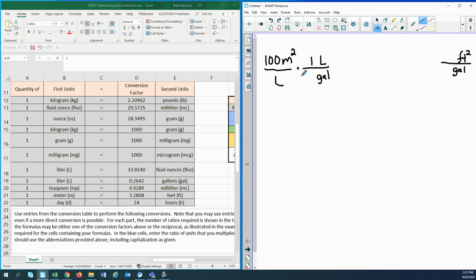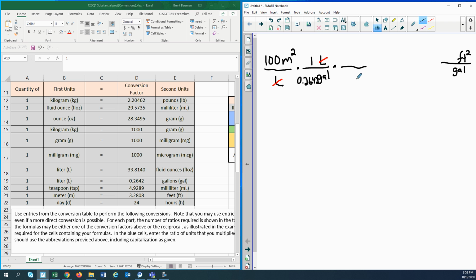So what that's going to do is, again, the liters will cancel out, which is good. We no longer want it in terms of liters, we want it in terms of gallons, and we have gallons left here.